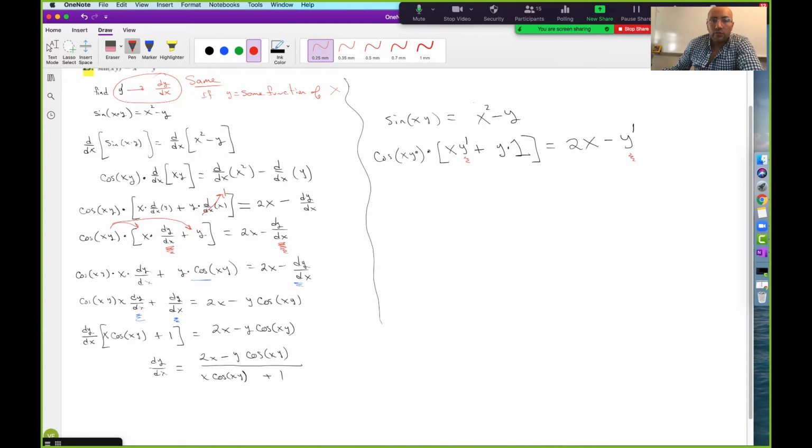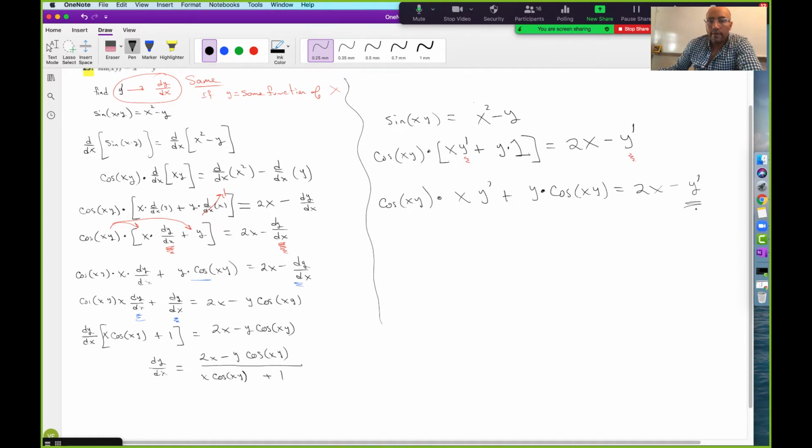So distributing, we end up with cosine xy times xy prime plus y times cosine of xy equals 2x minus y prime.